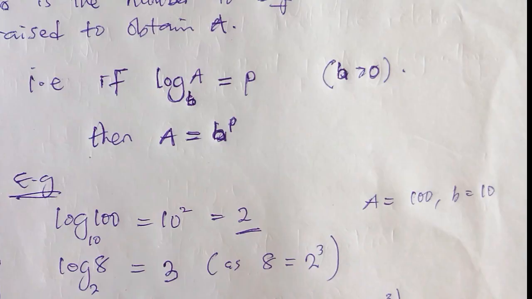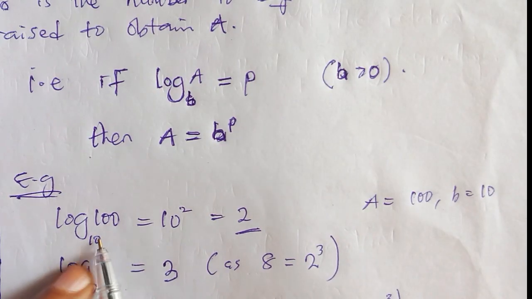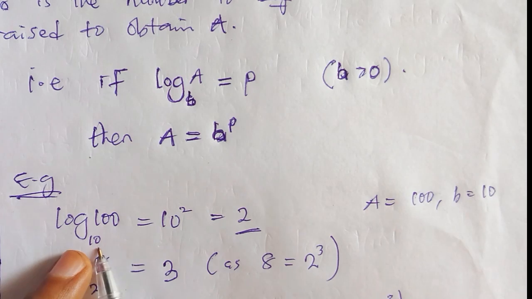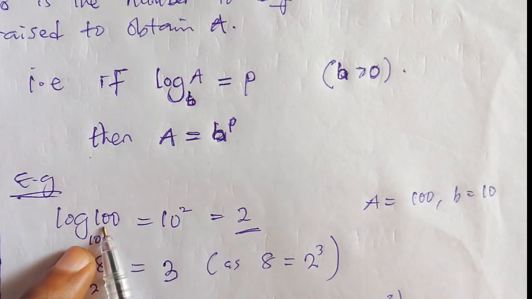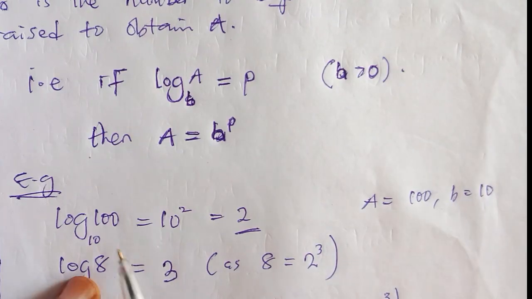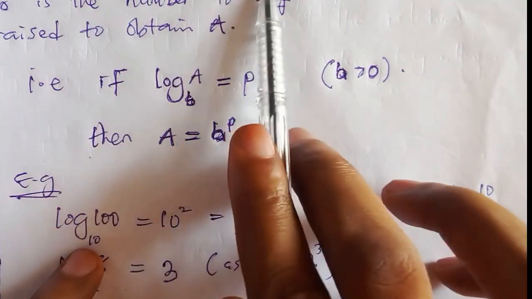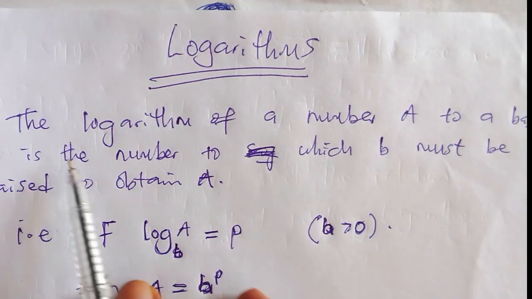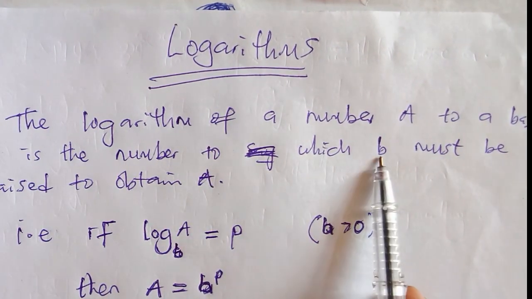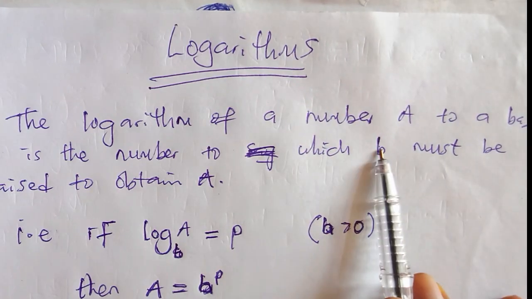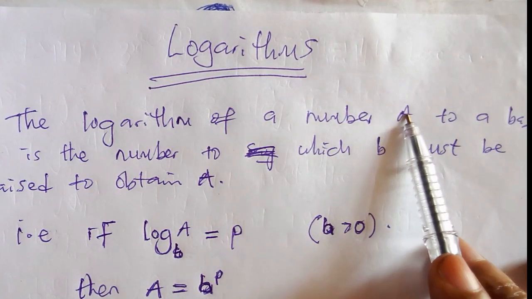For example, the log of 100 to the base 10 is equal to 2, because when you raise 10 to 2 it gives us 100. In this case, a is equal to 100, b is equal to 10. Remember, the logarithm of a number a to a base b is the number to which we must raise the base b in order to get a.